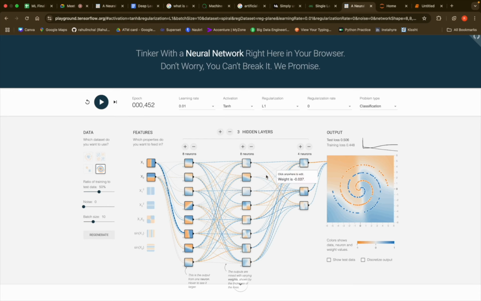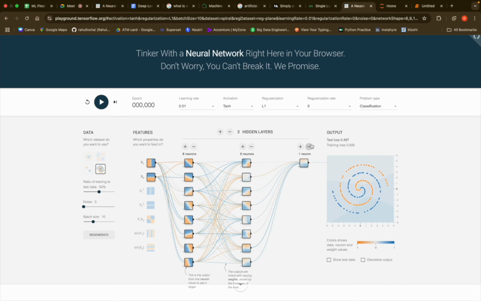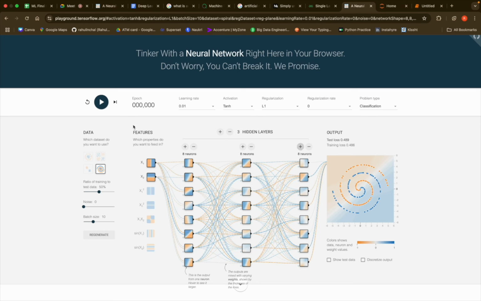No, 452. Again, it's not giving me good accuracy. Again, the loss is not decreasing. Okay. What we can do is, I can remove this. Sometimes what happens is, let me add this here also, and let me choose ReLU. ReLU takes a lot of time to train.